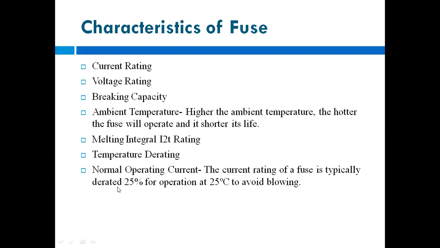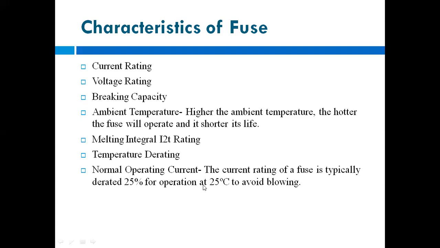Then next one is the normal operating current. Normal operating current means what? It is the normal current which is flowing through that fuse, and it should be below the current rating of that fuse.